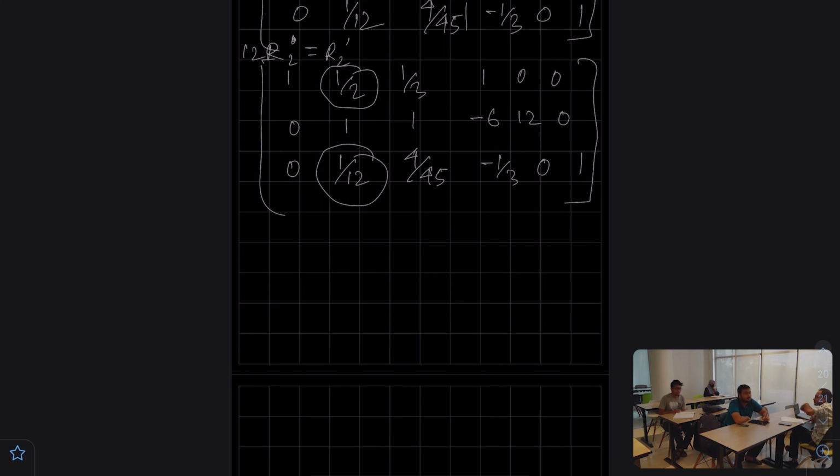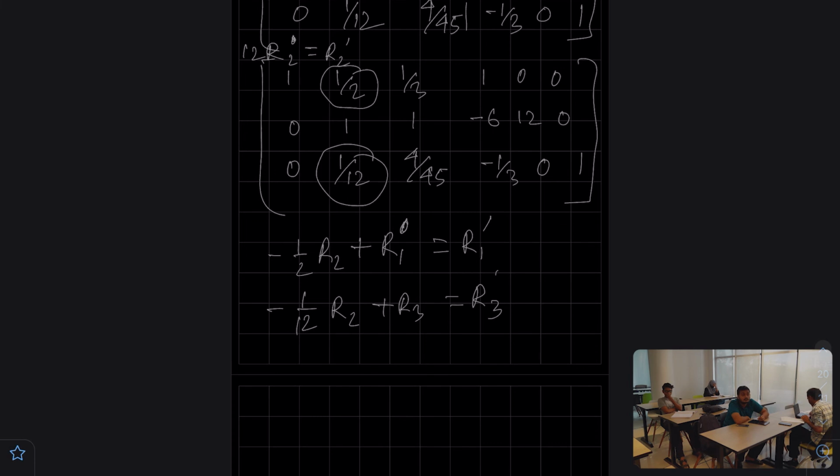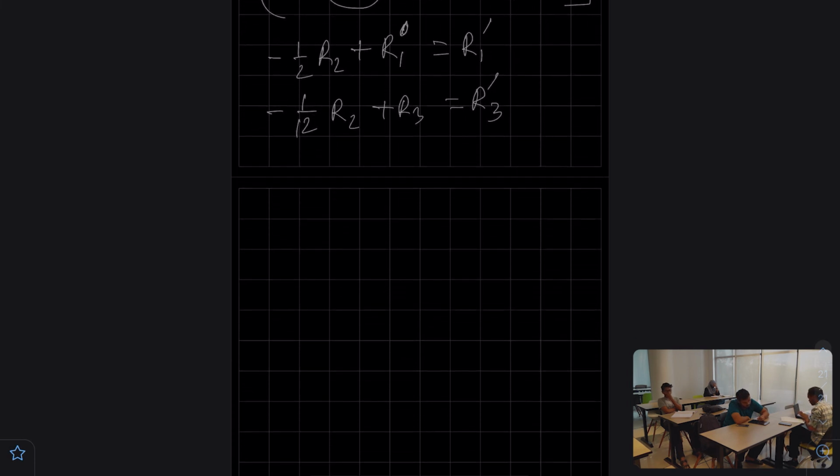Because for a column with a leading one, the leading one is the only non-zero element, and every other element is 0. Then the operation will be minus 1/2 R2 plus R1 equals R1 prime, and minus 1/12 R2 plus R3 equals R3 prime.